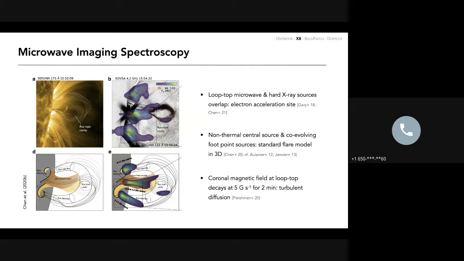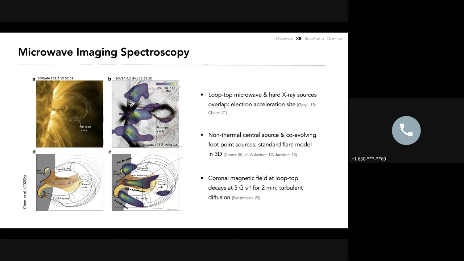The previous one was a quite quantitative study along the current sheet. If you look at the global structure, you can also see microwave sources at several other locations.